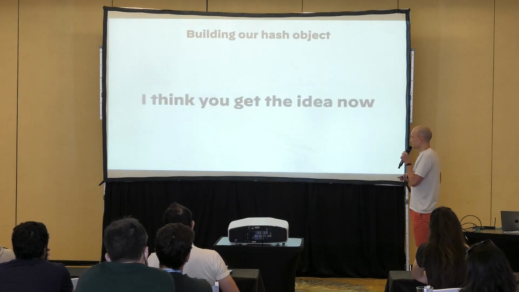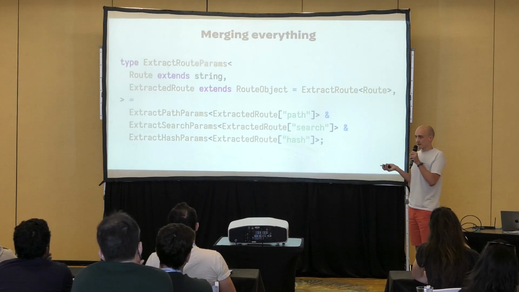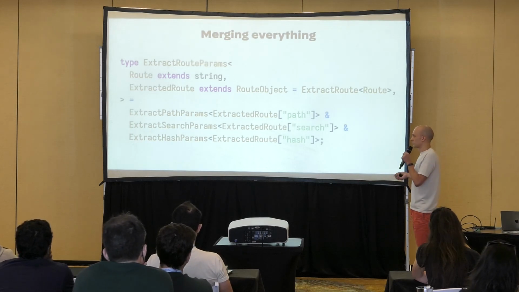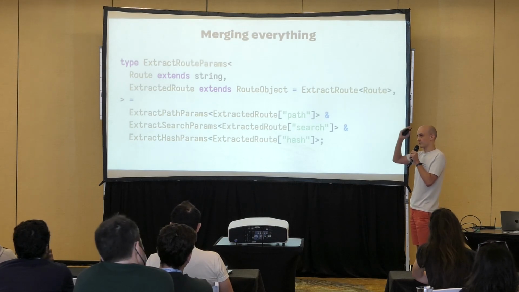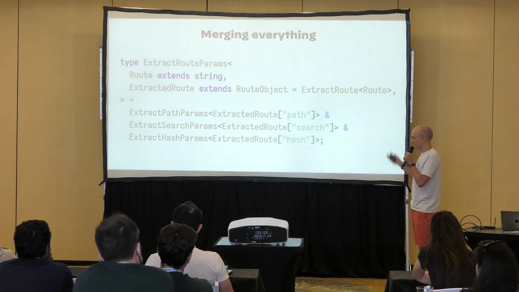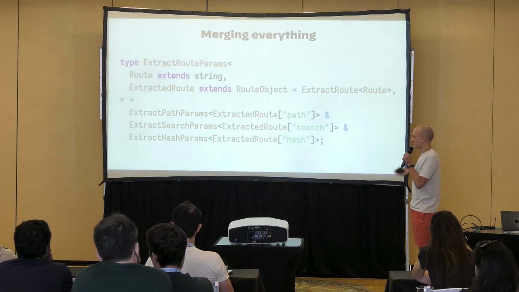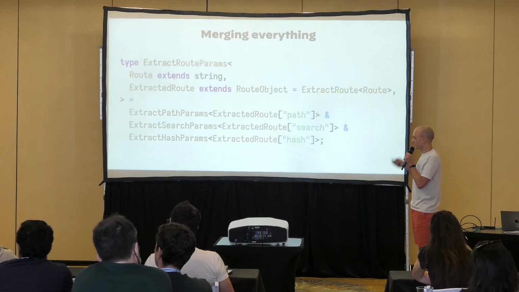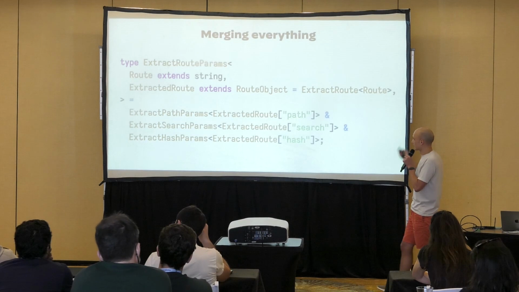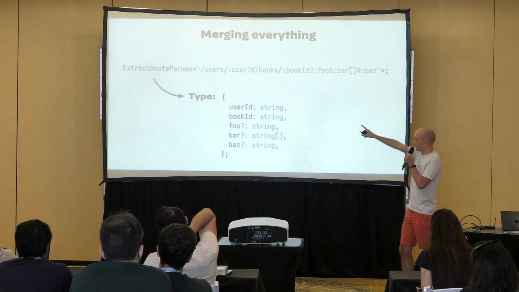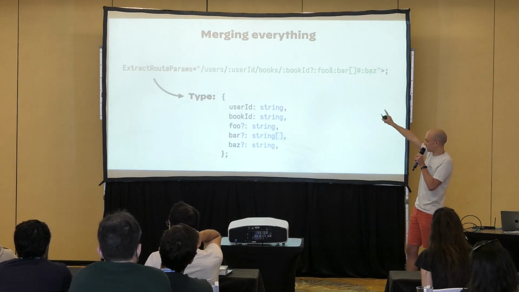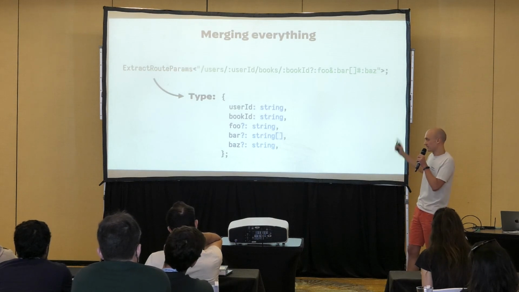So you get the idea. To extract the whole route, you just have a route, you extract it in a route object, so path, search, hash. And after that, you just use the three methods: extract path, extract search, extract hash. Yeah. So using all of this, it will return a record like this.